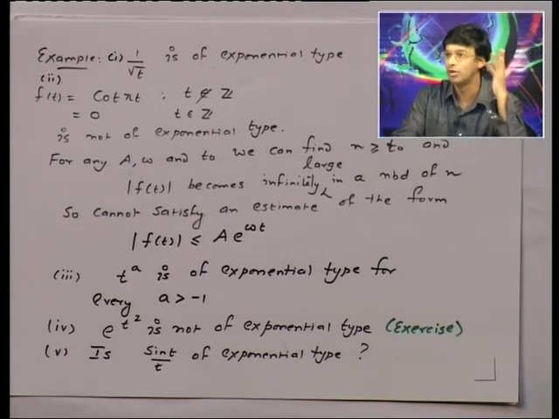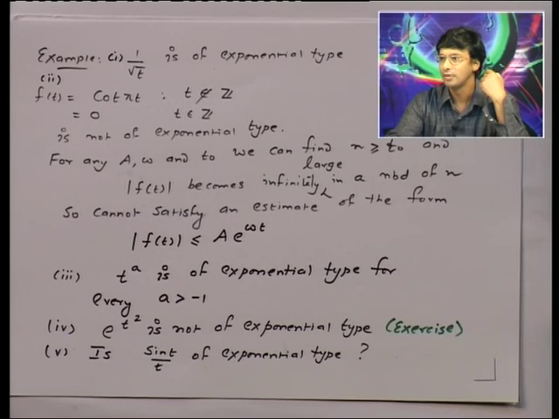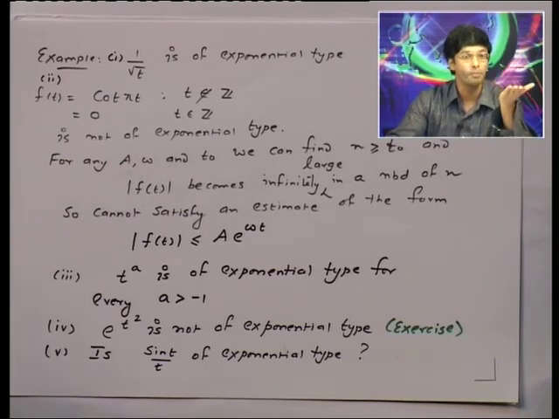Gamma t will not be of exponential type. Gamma of n is n minus 1 factorial. It is growing too rapidly, it is super exponential. Look at Stirling's approximation formula: gamma x plus 1 is x to the power x into e to the power minus x.